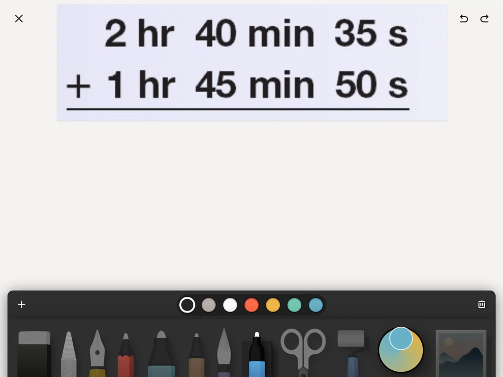So it basically comes down to, I can't have 85 seconds. That's really like 25 seconds plus 1 minute. But I can take that minute and put it up over the minutes column.